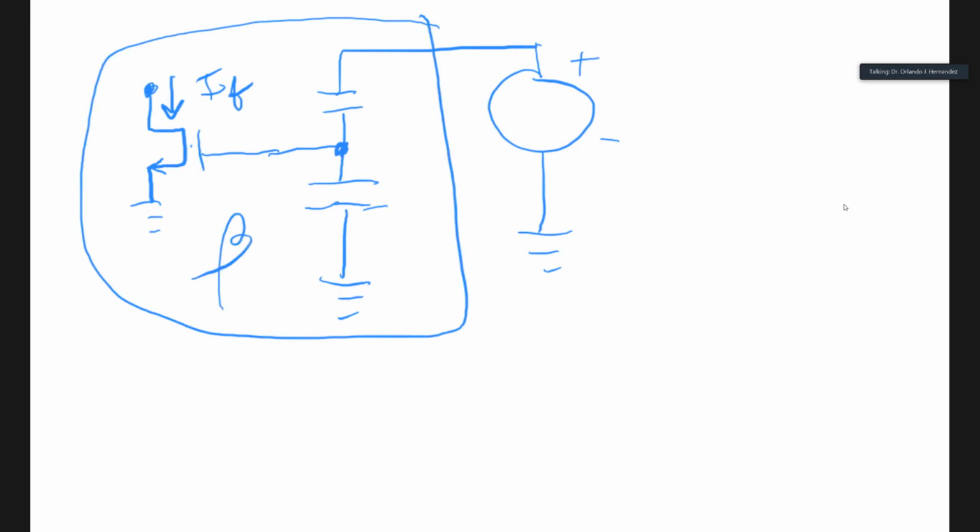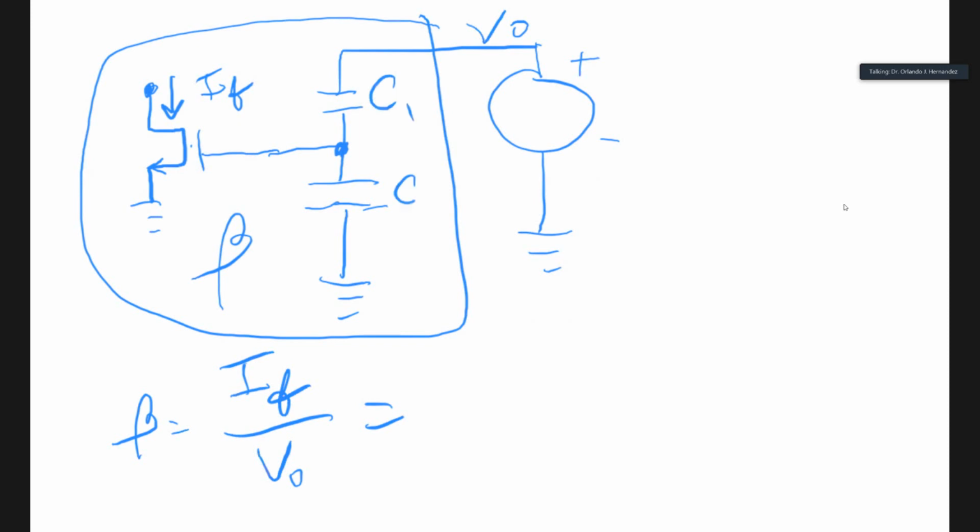So beta is defined as the output IF divided by what you are sampling, which is VO. And if we look at the equation for a capacitor divider, this was C1 and C2.